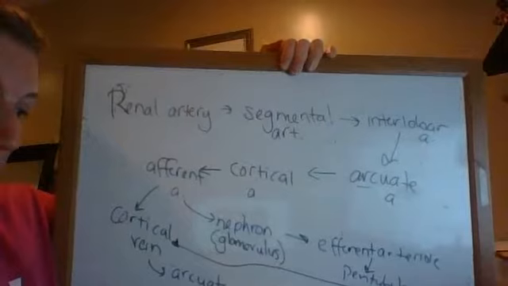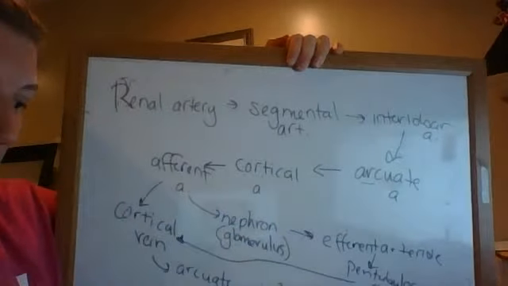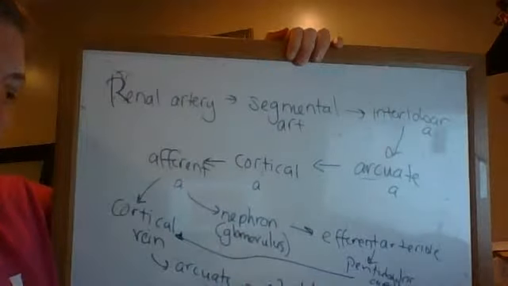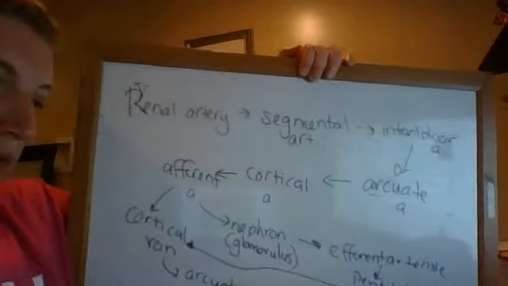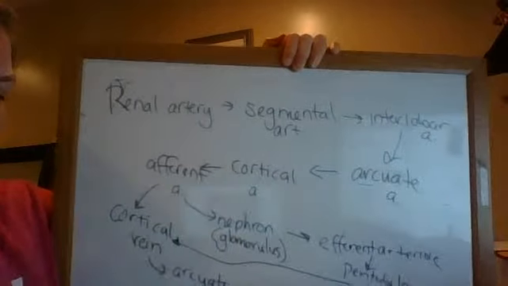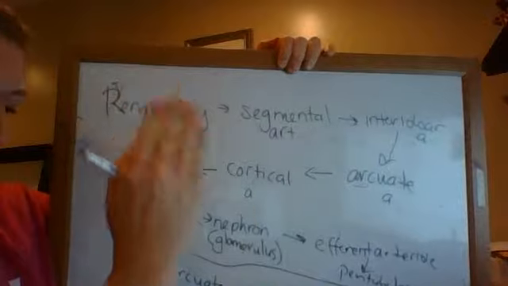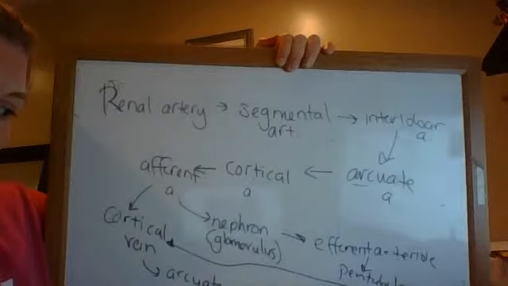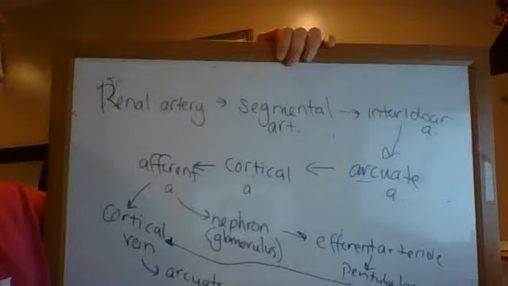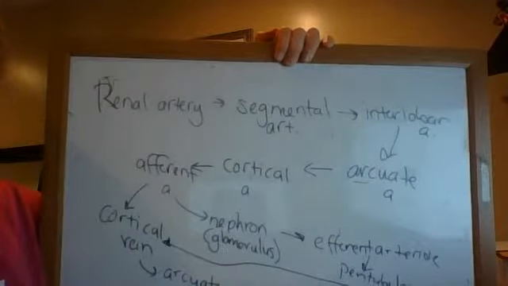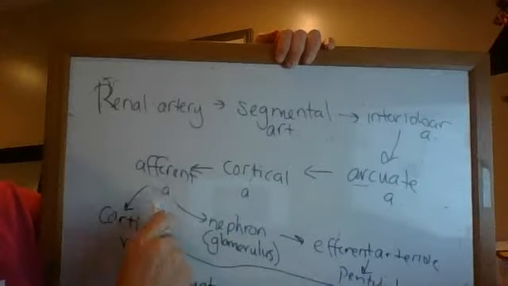If you turn the page, you'll see the arcuate artery, just a little tiny segment, and then coming up from the medulla, radiating out towards the capsule, you see this artery standing up. That's the cortical radiate, and then that little ball of capillaries is coming off of the afferent arteriole.